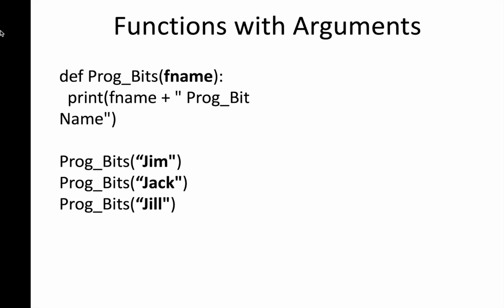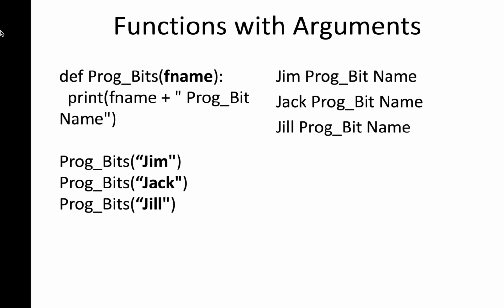Why we are getting this prog_bit_name concatenated is that we are using the concatenation operator plus in the print function. So the output will be Jim, Jack and Jill concatenated with prog_bit_name.